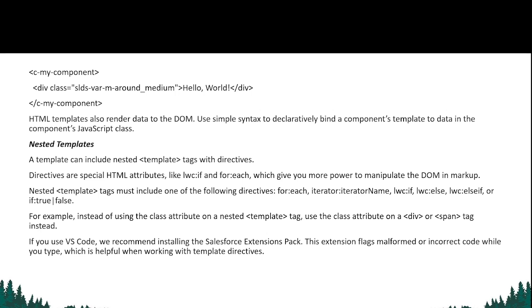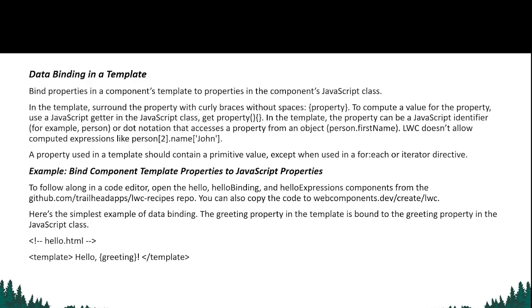So if I'm using VS Code, I have to install the Salesforce extension pack. This extension flags incorrect code while you type, which is helpful when working with the template directives. Now there is data binding in a template.